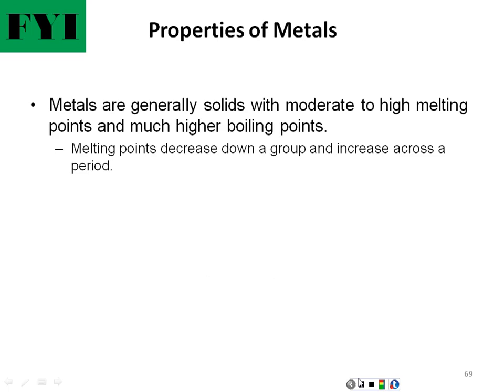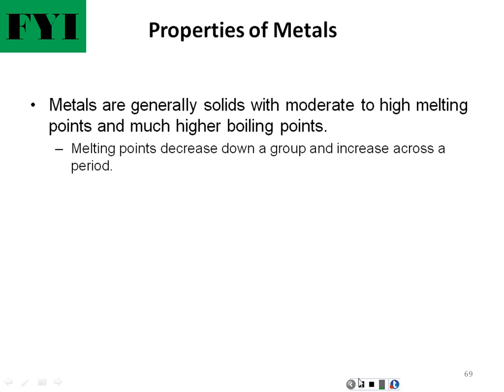So what are some properties of metal? Well, metals are generally solid. There's a few examples, such as mercury, where they can be liquid, but generally they're solid. They have fairly high melting points, not as high as ionic compounds, though. But they have much higher boiling points.